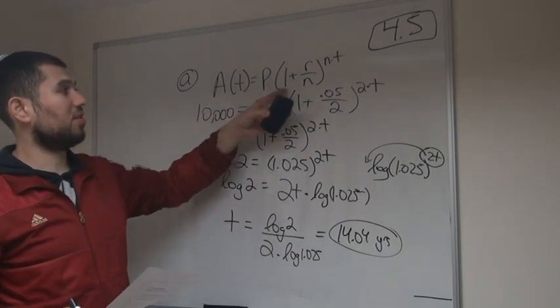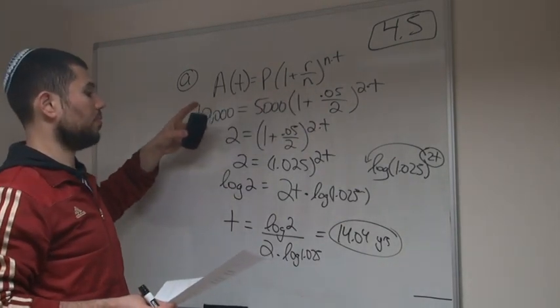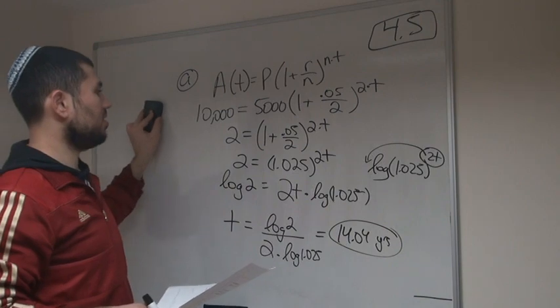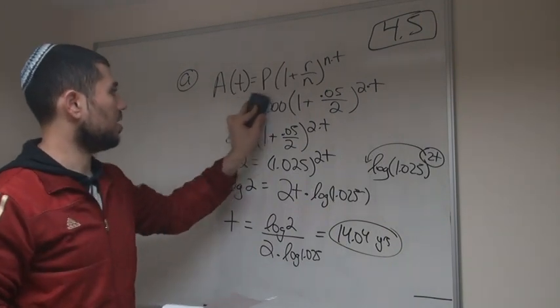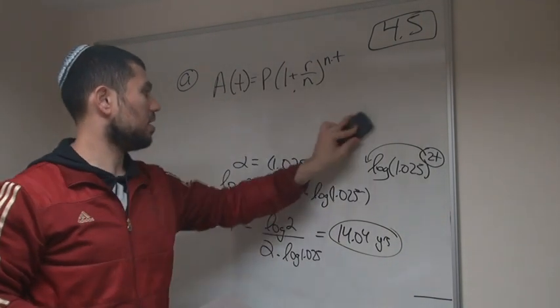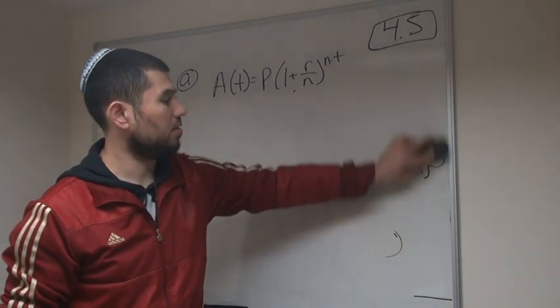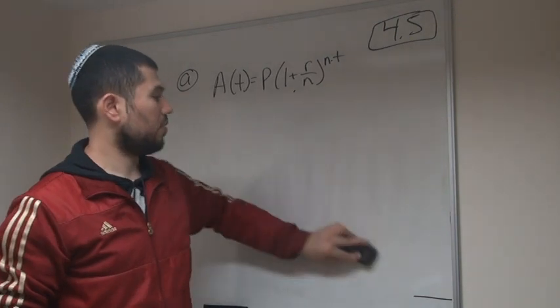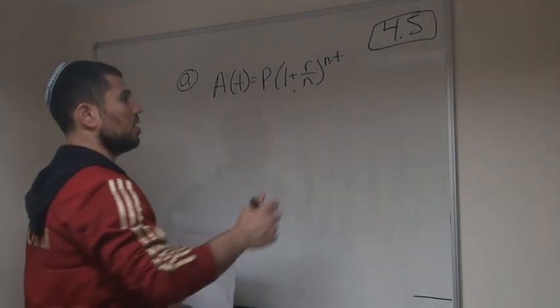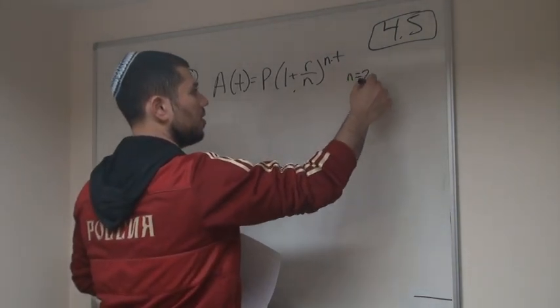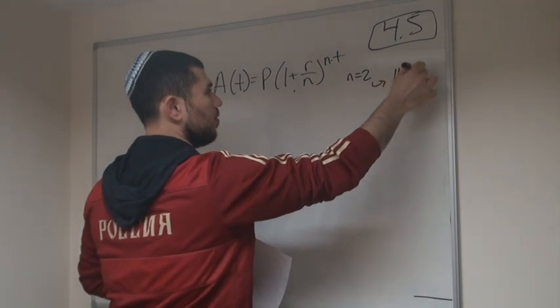Remember, for regular compounding cycles we use this formula. For compounded continuously we're going to use a different formula, right? So I'm going to leave the answer as 14.04 years when n was 2.